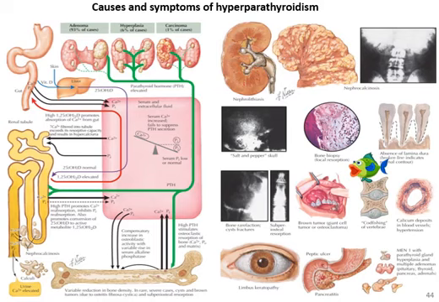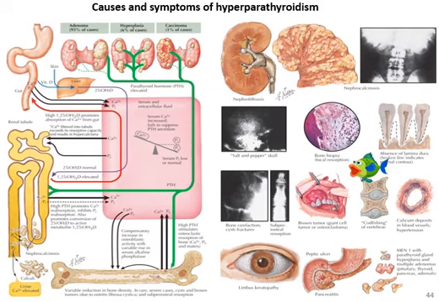Causes and symptoms of hyperparathyroidism. Here are the summaries, usually adenomas, hyperplasias, and carcinomas. And the symptoms are, as we discussed previously, calcification of the eyes and nephrocalcinosis, and parallel with that, focal resorption of the bones.